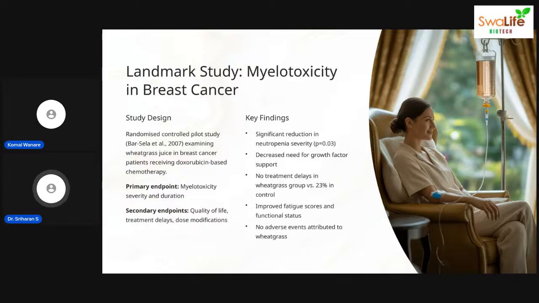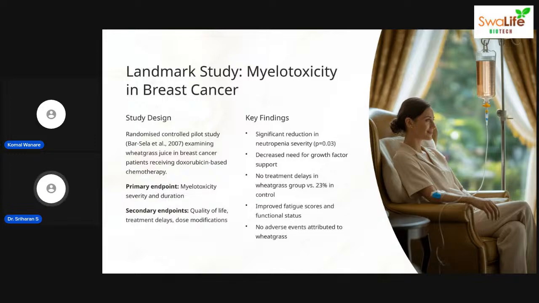So now we are going to see the landmark study, myelotoxicity in breast cancer. This study demonstrates how wheatgrass is useful as a supportive treatment. You want to consider one thing: no drug or herbal or nutraceutical product is claiming to be an alternate treatment for chemotherapy or radiation. That would be looking at the study in the wrong manner.